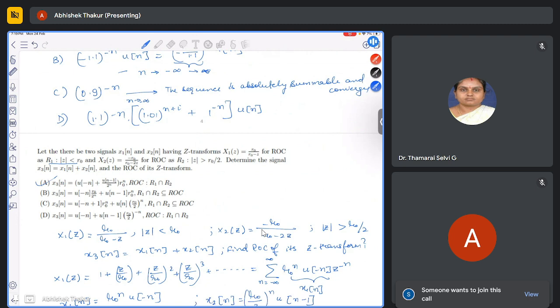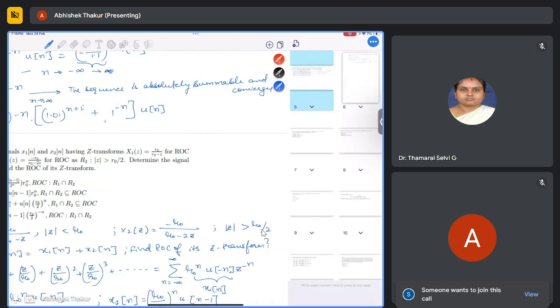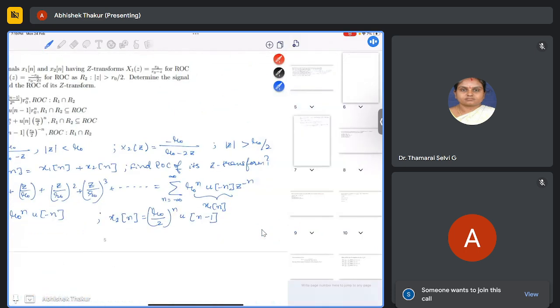Now there are some properties of region of convergence that we will see, for ease of understanding.